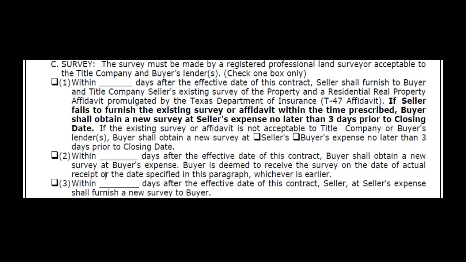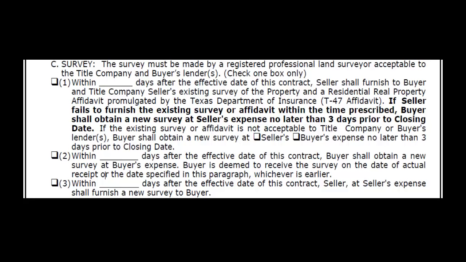Well, if the seller delivers that survey and the T47 to the buyer and the title company within the time prescribed, they've upheld their obligation. Well, there's a good chance that in that scenario, the lender is going to require a new survey to be drawn. And if that happens, then all of a sudden the buyer is going to be the one having to cough up the money for that survey. So it's just kind of sticky.